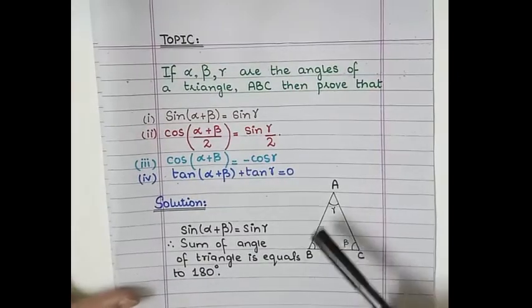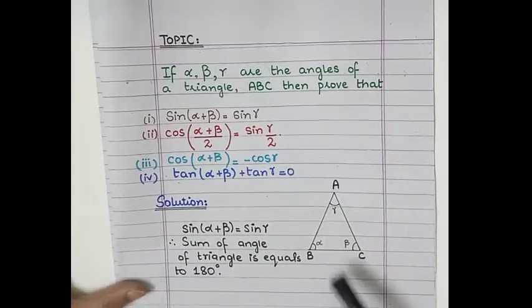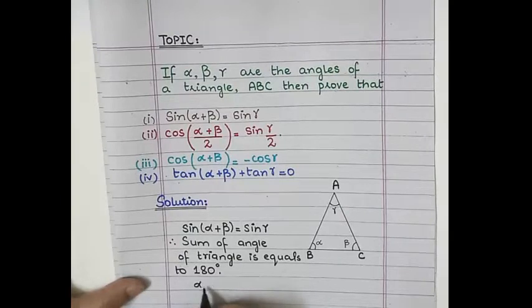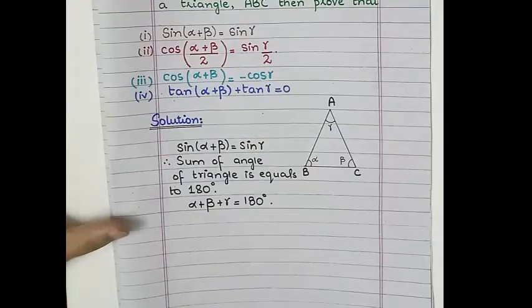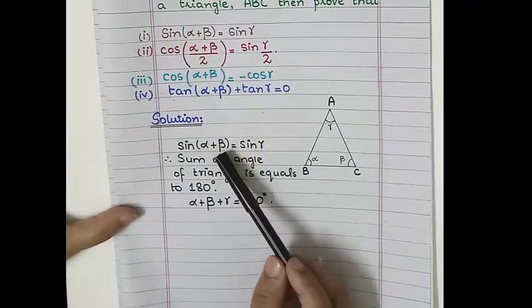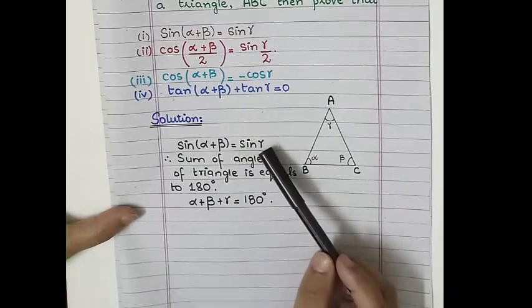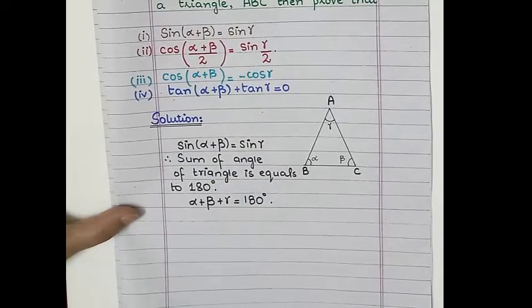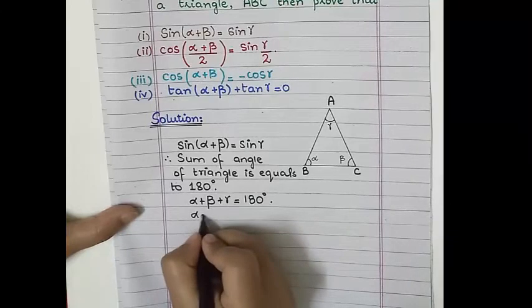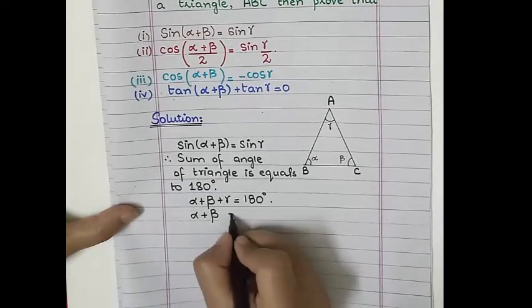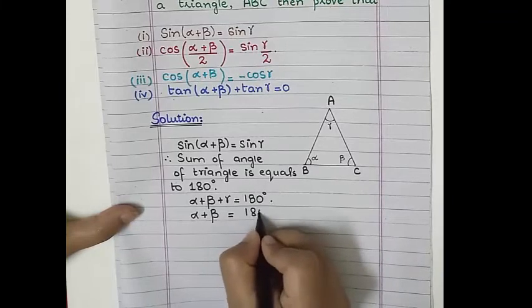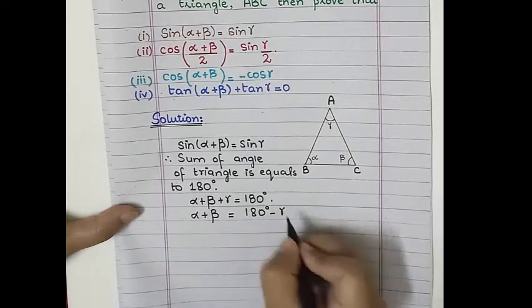So if alpha, beta and gamma are the angles of a triangle, their sum must be equal to 180 degrees. So now we want alpha plus beta is equal to gamma. It means we will keep alpha plus beta at the left side of equality and we will take gamma to the other side of equality.